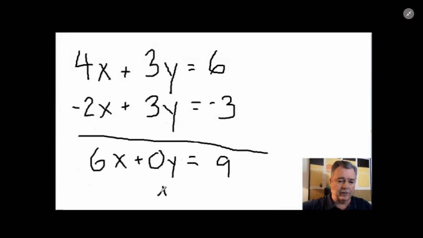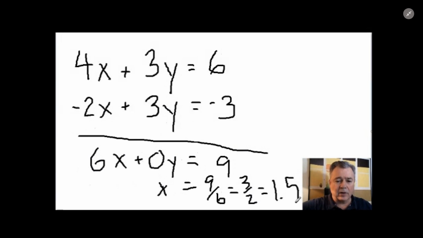And solving for x gives us 9/6. We simplify that, and it becomes 3 halves. And that also equals the decimal 1.5.